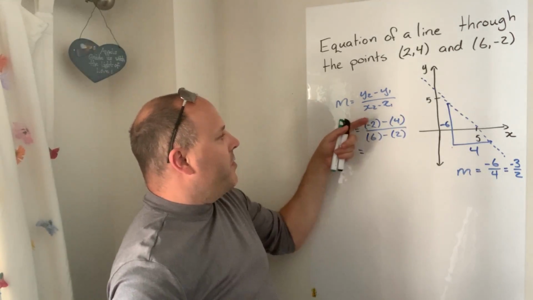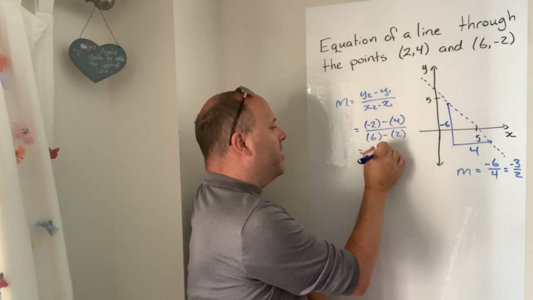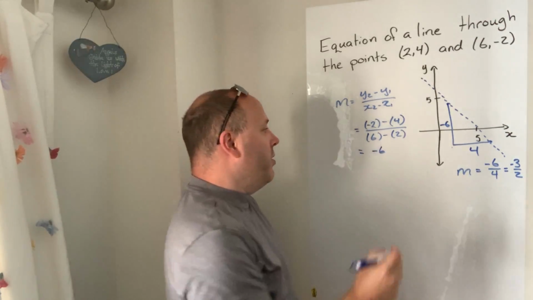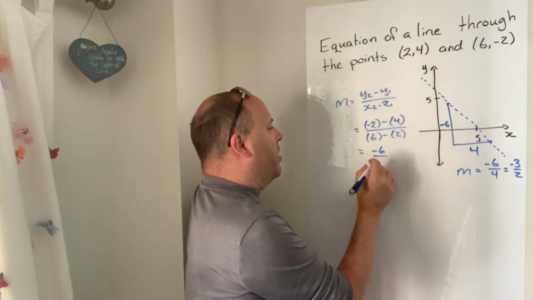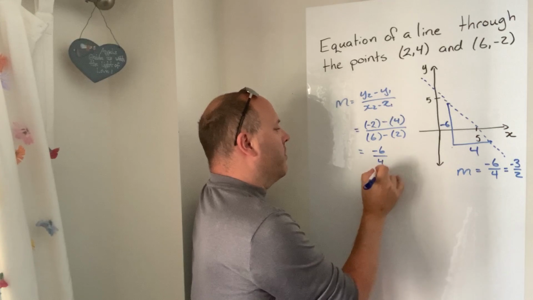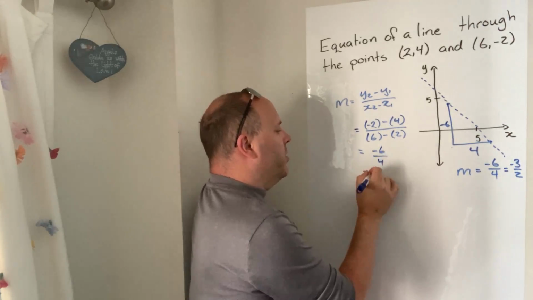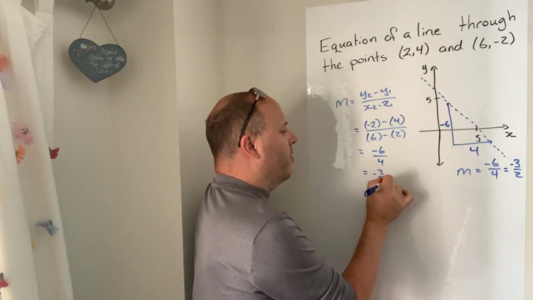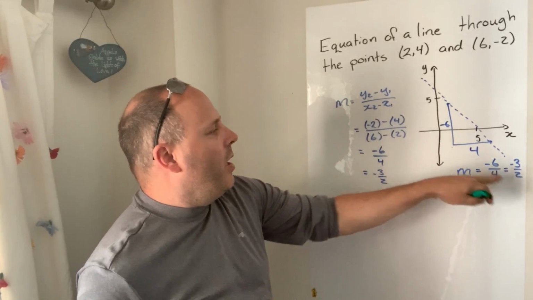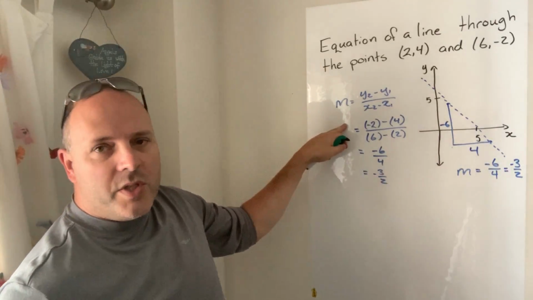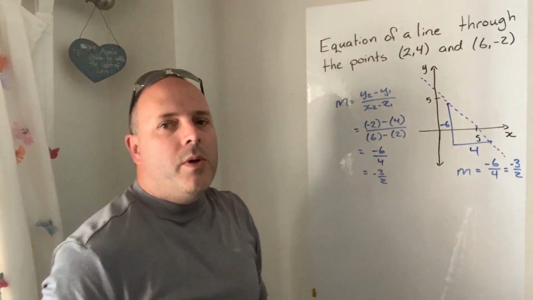And negative 2, take away 4, that's minus 6. Use a calculator if you need to. 6 take away 2, that's 4. And I can reduce that to negative 3 over 2. Either way, using a slope triangle or using the formula, I'm going to get the same slope.